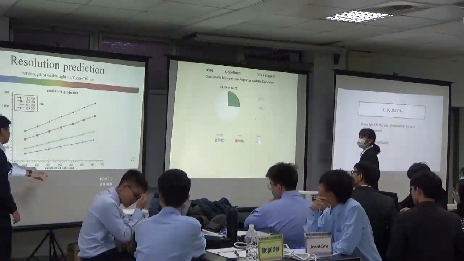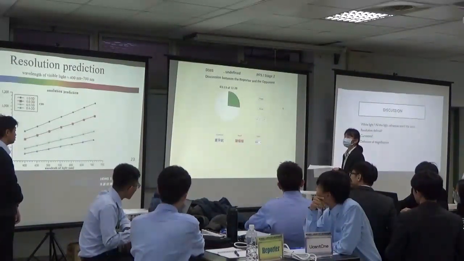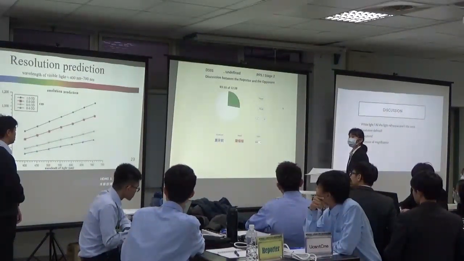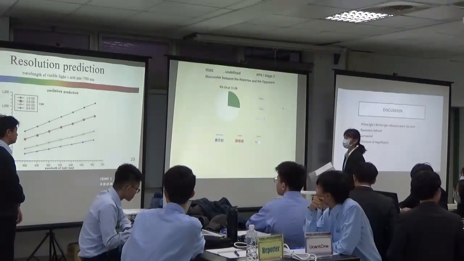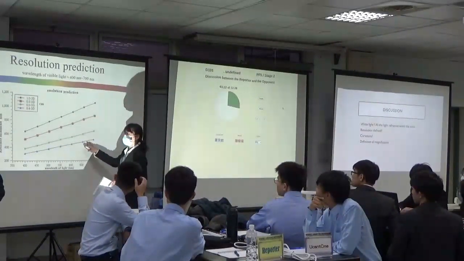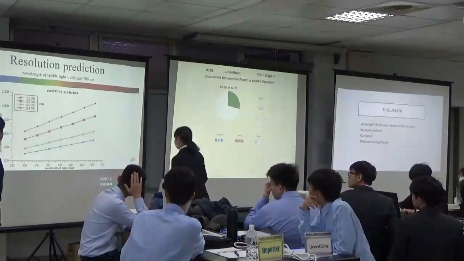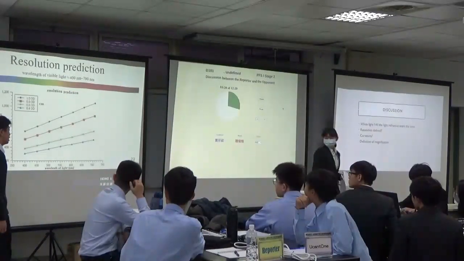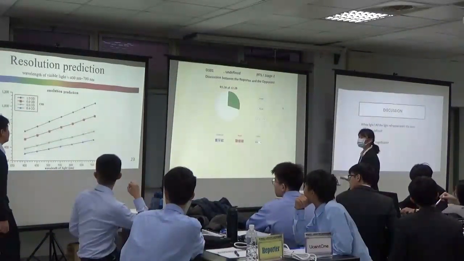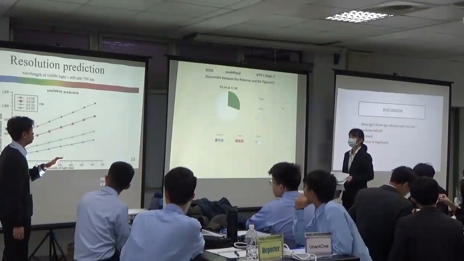You see the different wavelengths of light, but it's all your prediction. Did you do the experiment of this? No. And what is this amount? Oh, this is the minimum resolution, which means how short a distance you can tell the difference between two objects.